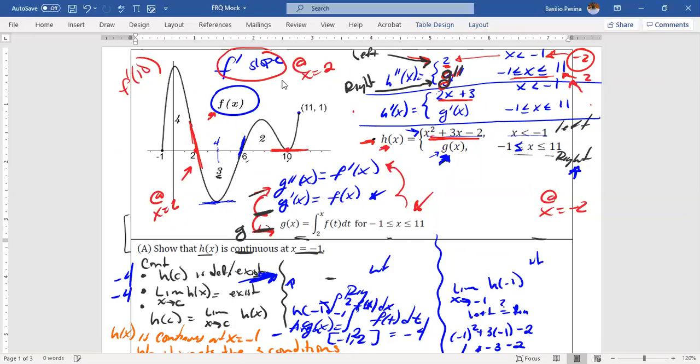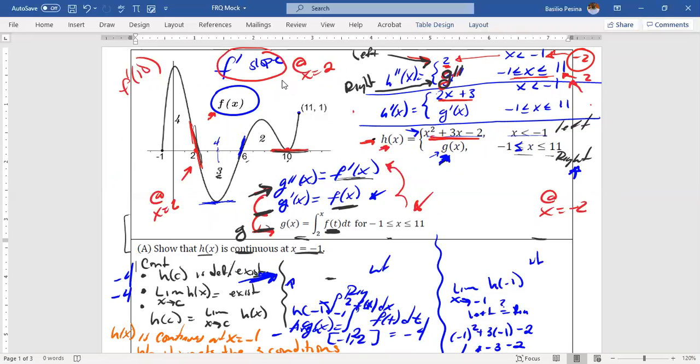However, they're associated with f's. If I derive the integral, I just get the function. If I derive the function, I get the rate of change of the function. Does that make sense? So we can't find it since no heights are given, but we can see that its slope is down and the slope is horizontal.